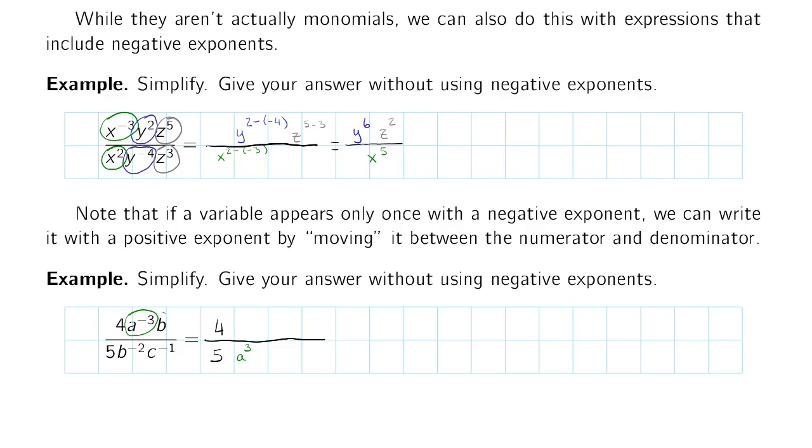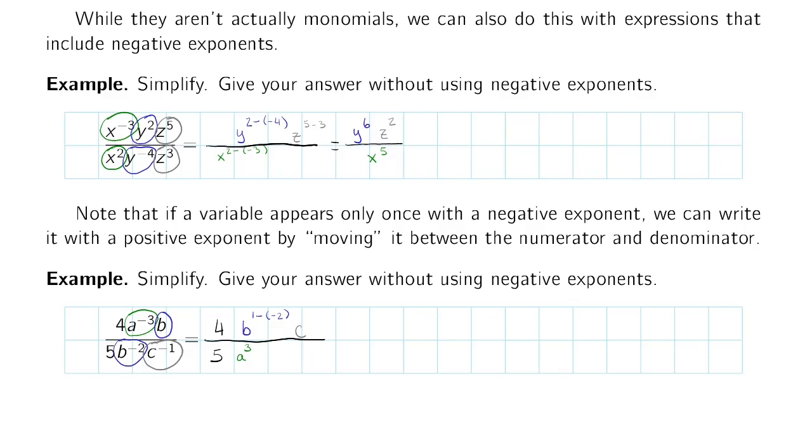B appears in the numerator as b to the first power, in the denominator as b to the negative 2. 1 is greater than negative 2, so in the numerator I'll have b to the power 1 minus negative 2. And then c appears only in the denominator with a negative 1 power.